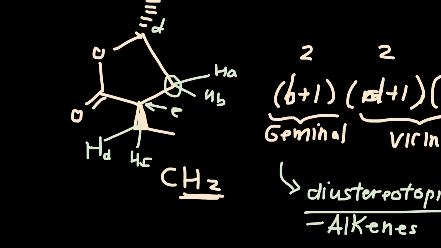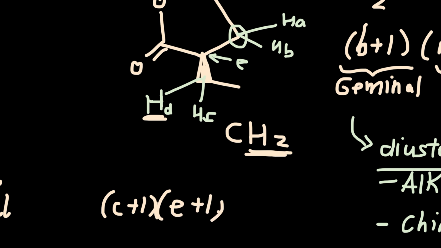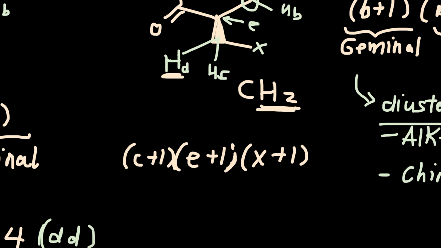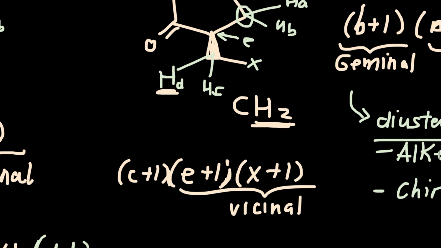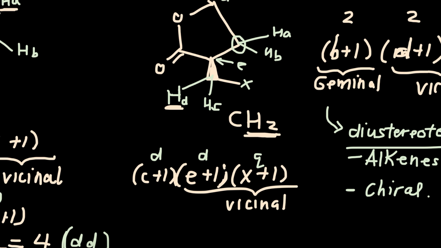Now let's try the bottom ones here. You can pause this video and try to figure this out. So let's try to find the coupling for D. So for HD, this will be a doublet of quartet.